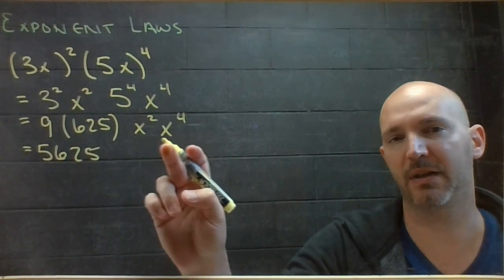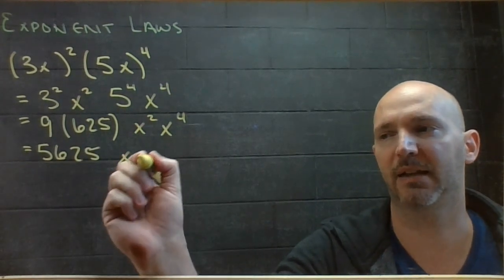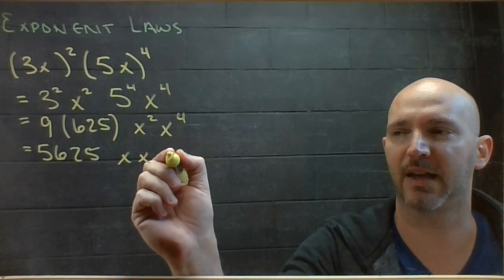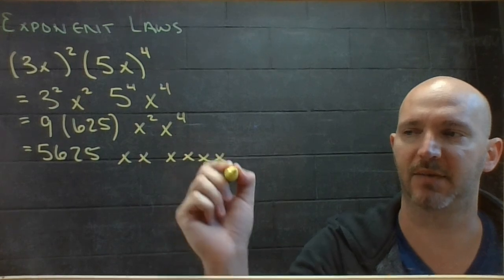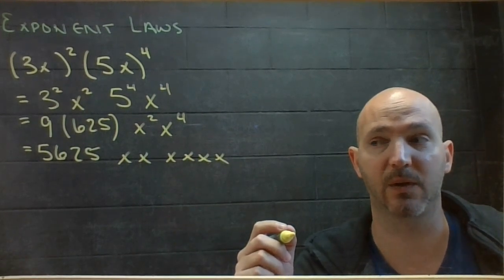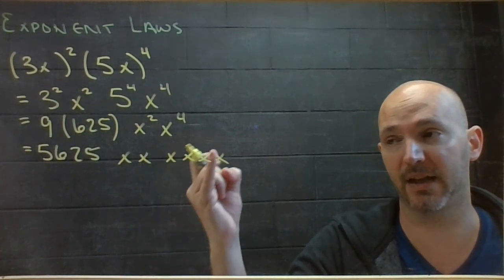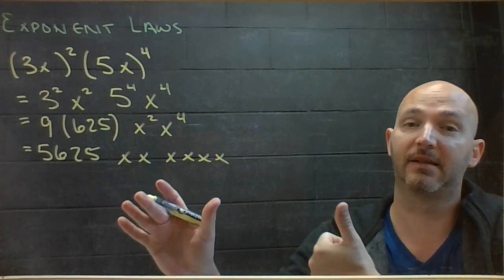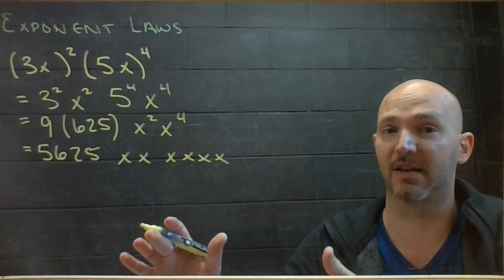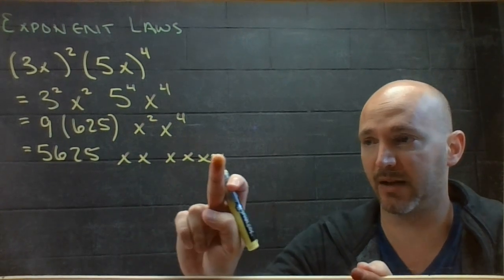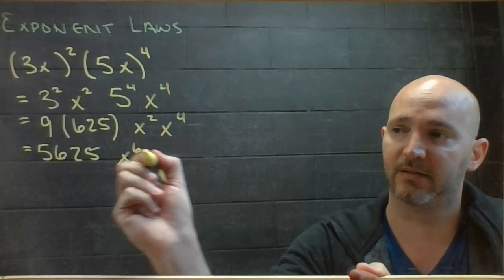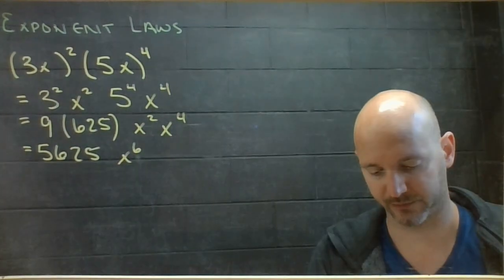But this part here, that's an x times an x because of the x squared. And then it's an x times an x times an x times an x because of the x to the 4, which looks to me like an x times an x times an x times an x times an x times an x. That's just x to the 6. So I can shorten that down to a single x with a 6 on it.